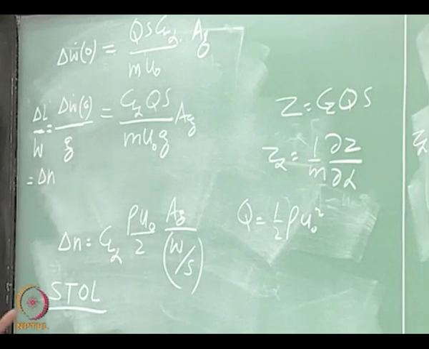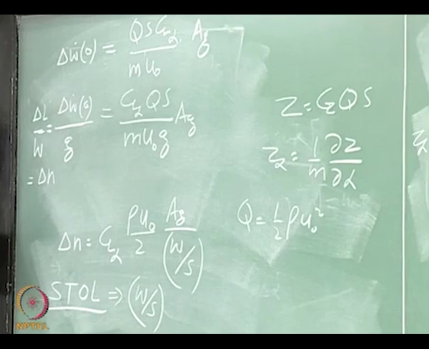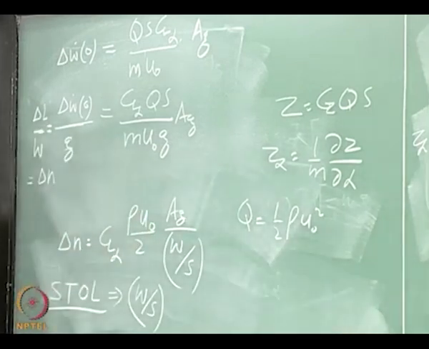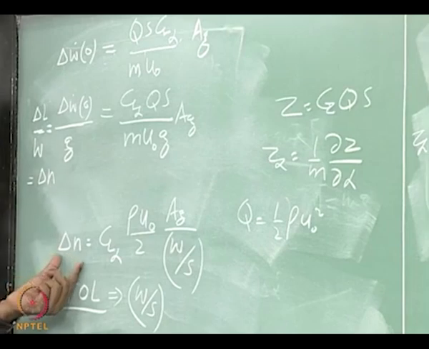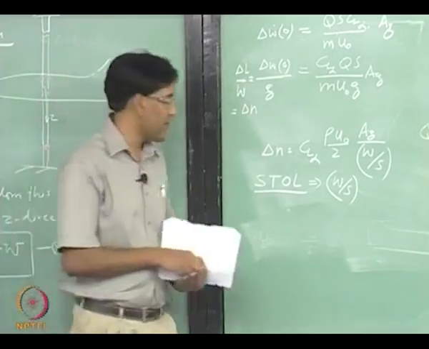Short takeoff and landing requirements result in low wing loading, or you can make the statement the other way around as well, right. So, in such a case you are going to see larger acceleration because of the wind.